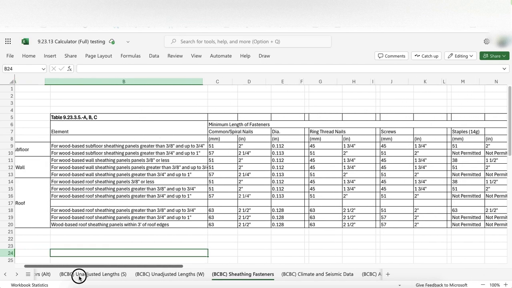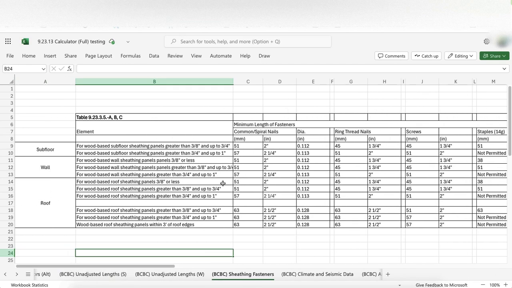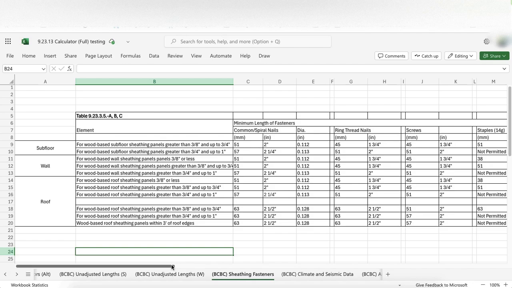Again, just more back-end reports related to the sheathing requirements. As I said before, to me, it's not really that clear how alternative nail diameter nails can be used. Maybe others have input on that.